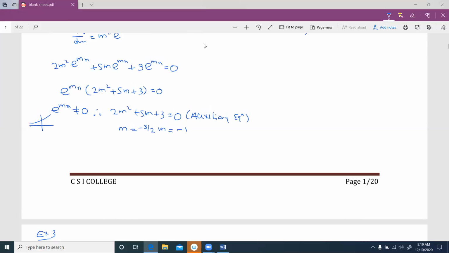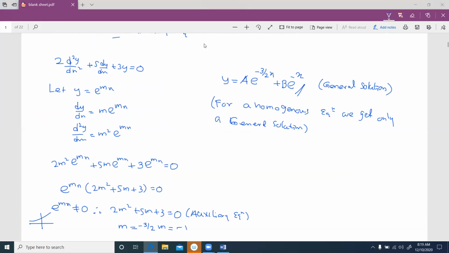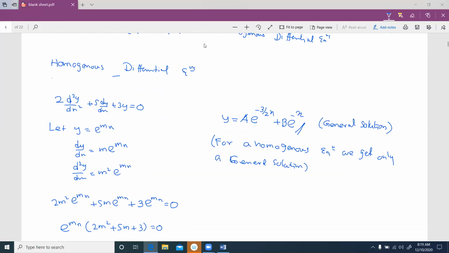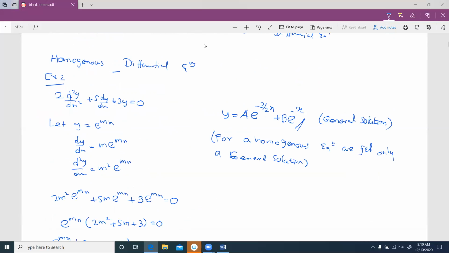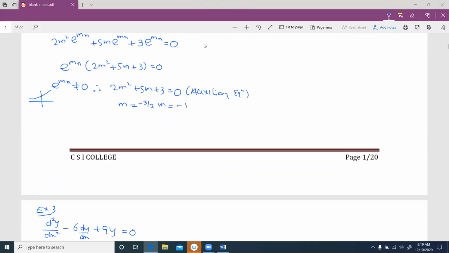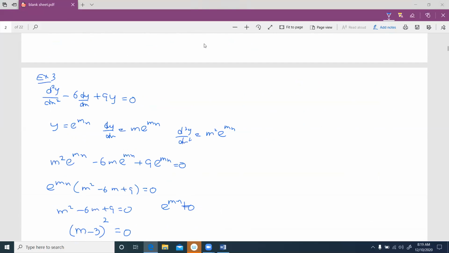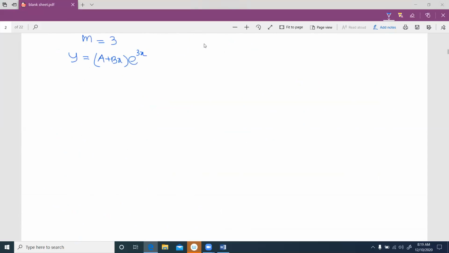This was example 2, this is example 3, and the other one is example 4. If you come up with this example 4, that is also the same type.